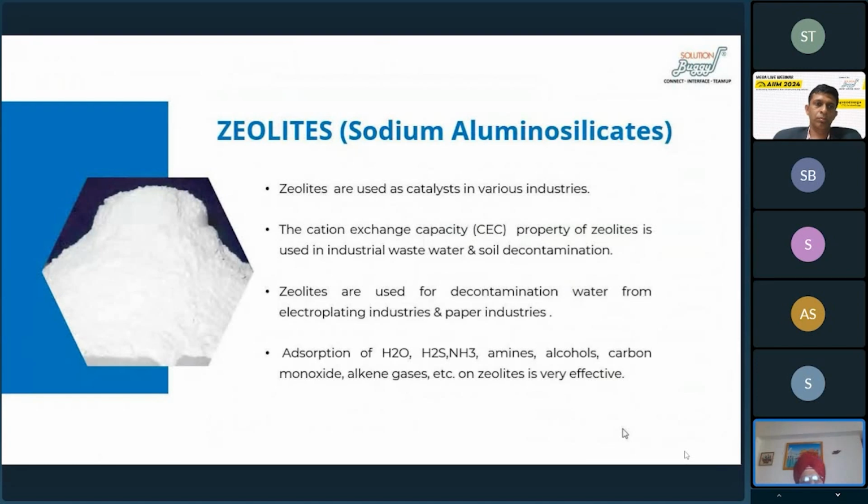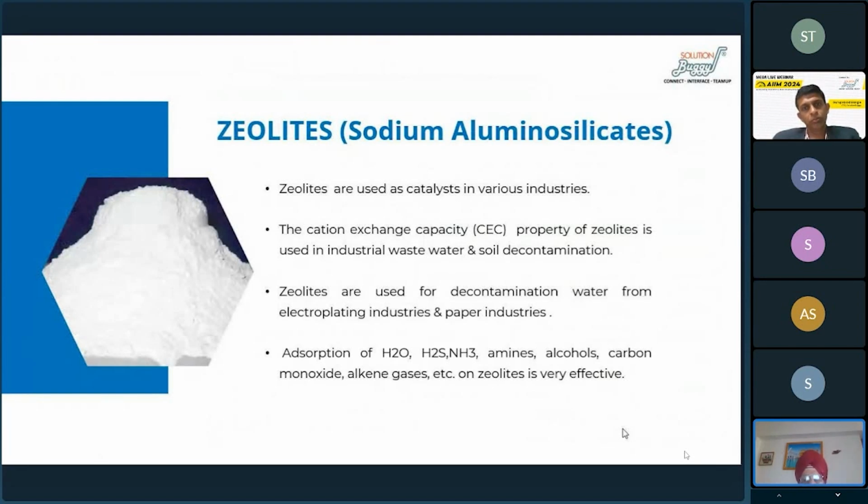The most important thing is there are three types of zeolite: zeolite A and zeolite X or Y. Zeolite A has small pores, so molecules which are small in size can be separated using A-type zeolites.